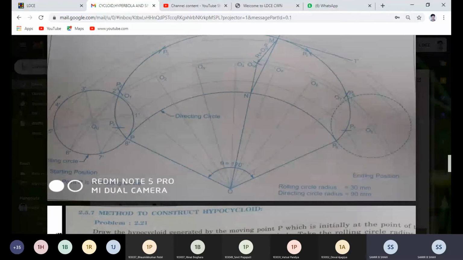So subtended angle theta is equal to small r divided by capital R into 360. Small r means the rolling circle radius and capital R means the directing circle radius. Okay, small r, I repeat, small r divided by capital R into 360.